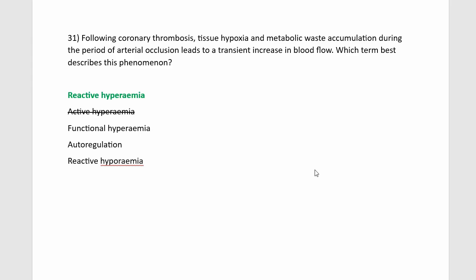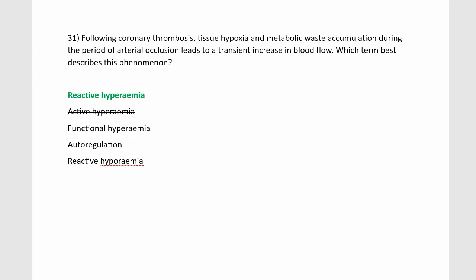They are very, very similar, almost the same, but active hyperemia is more about metabolic activity in the tissue, whereas functional hyperemia is specifically describing the increased blood flow that accompanies muscle contraction. I know it's a bit difficult to disengage those, but we don't need to know it more for this question.